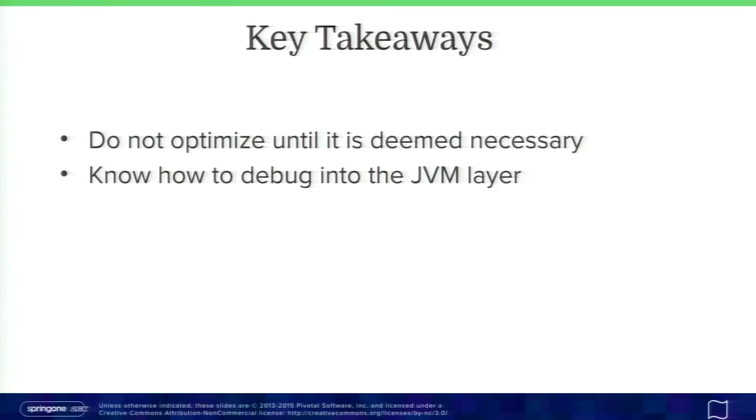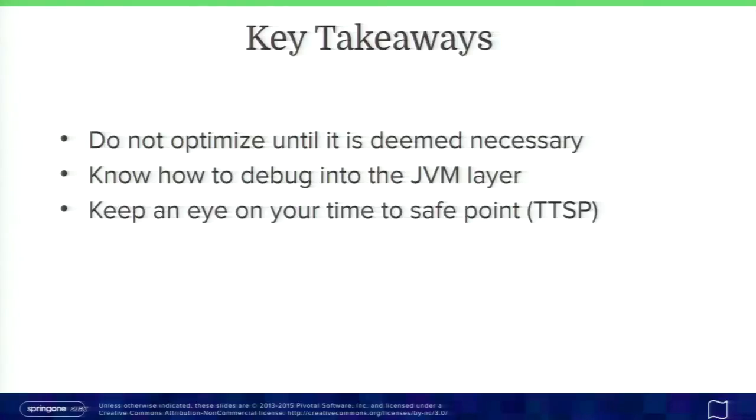There's a whole bunch more optimizations out there that I have not covered. Part of the reason I decided not to cover all of them is that I think it's very easy for you to just go read them online somewhere. But being able to debug into your system when you have a problem, I think that's really important. And I hope you will remember these flags and use them when you need them.